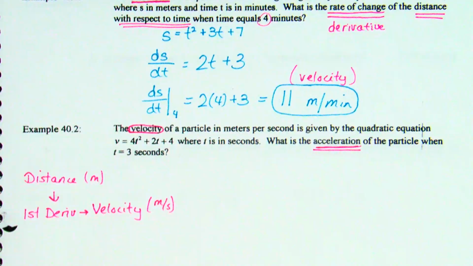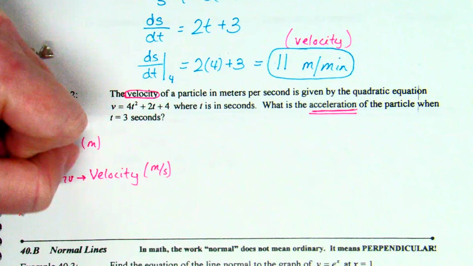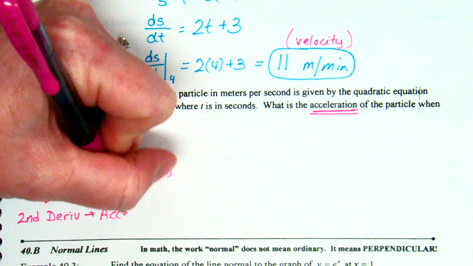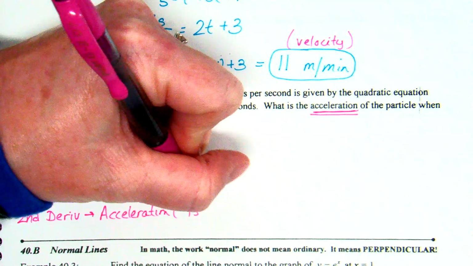The second derivative, or in other words the derivative of velocity, is acceleration. And when you do acceleration, we generally label it as meters per second squared.